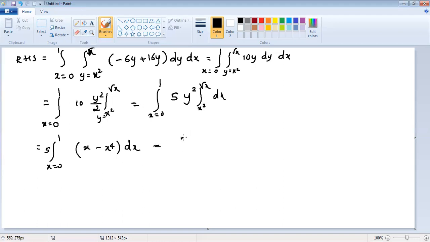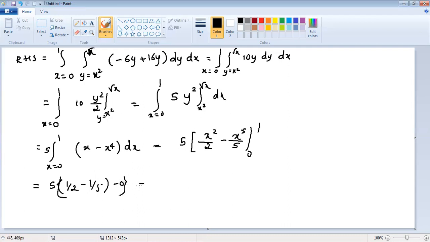So now again integrate. So 5 into x square by 2 minus x raised to 5 by 5, limits from 0 to 1. So this is 5 into upper limit 1 by 2 minus 1 by 5. Lower limit is 0. So it will be 3 by 2.